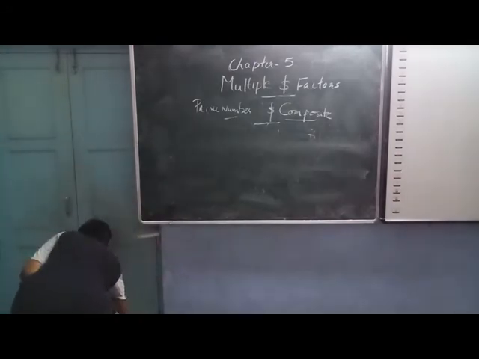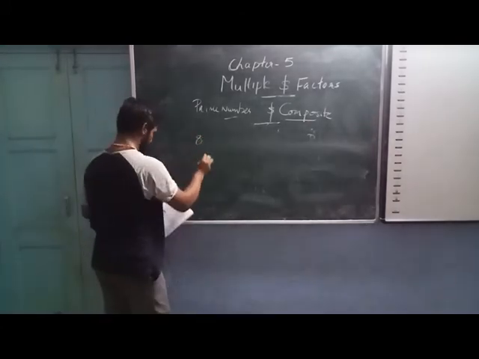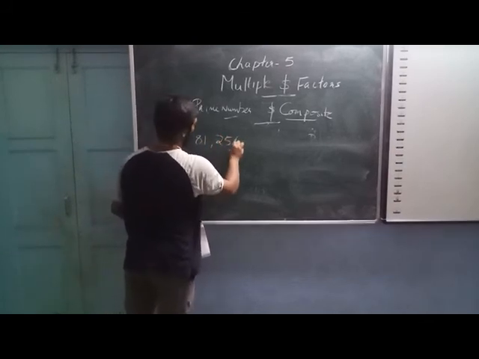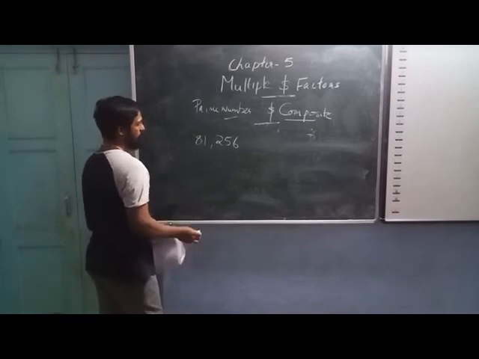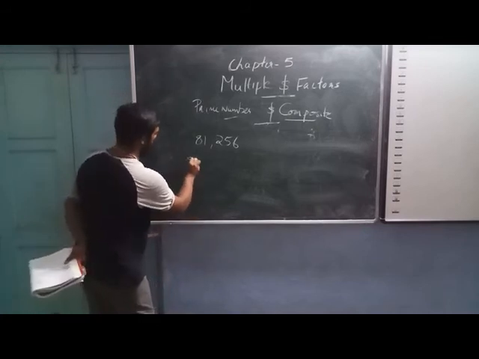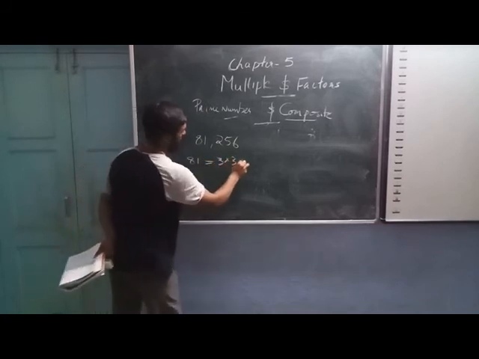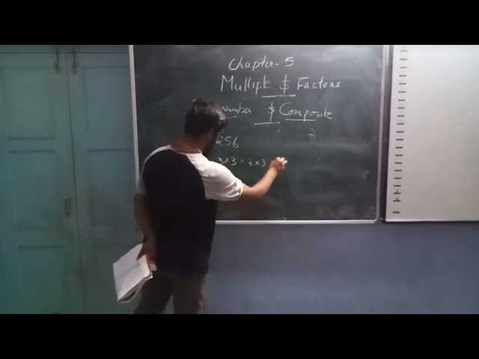For example, let us say 81 and 256. Let us find out their common factors. What are the factors of 81? 81 is 3 into 3 into 3 into 3 into 1.